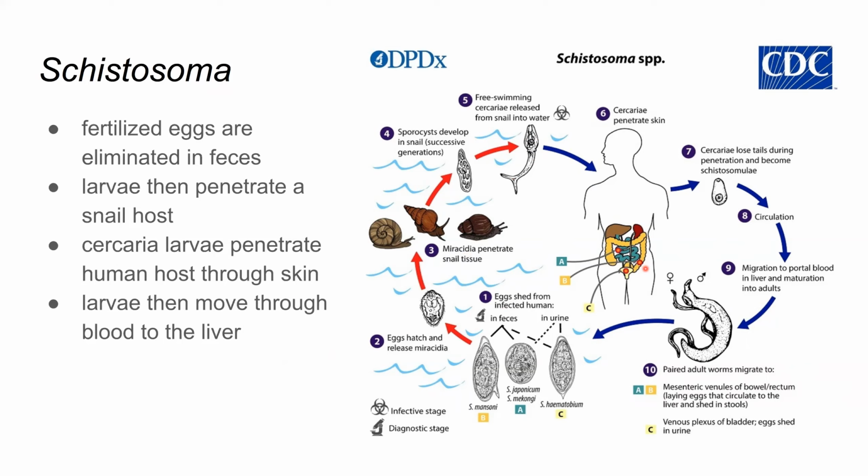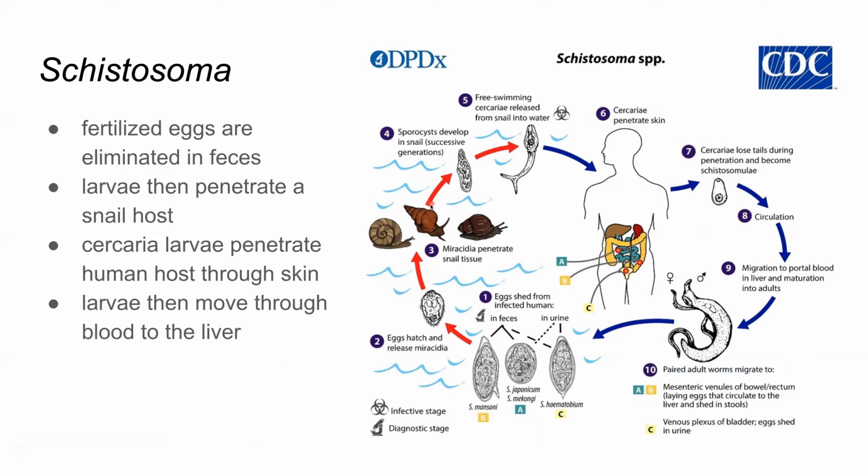So some species are more associated with being passed in feces, and some tend to be passed in urine, but they can do both. So Schistosoma mansoni is typically passed in feces. Once the fertilized eggs are released, they hatch, and they release the larva that then ends up in the snail.